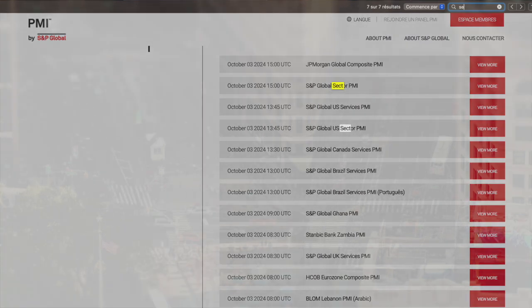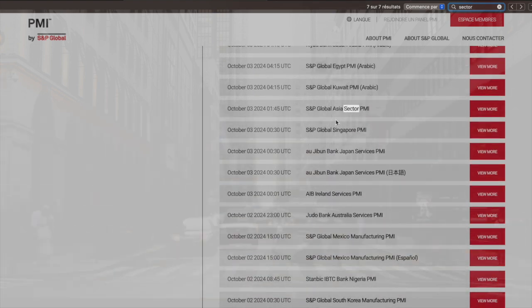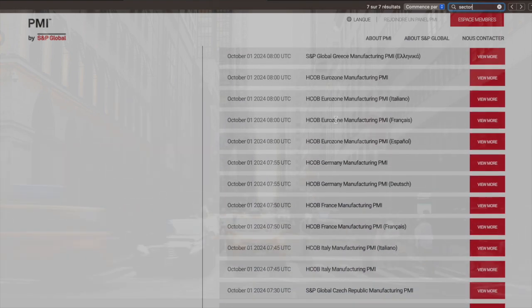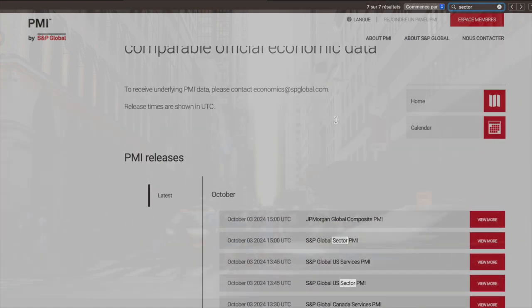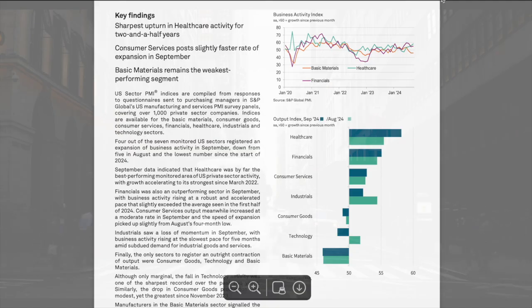So I invite you to go for Control F or Command F and find sector, and you'll find reports that are just for sectors. So for example, you have Asia sector PMI, Europe sector PMI, US sector PMI, global sector PMI. And this is how it looks like.